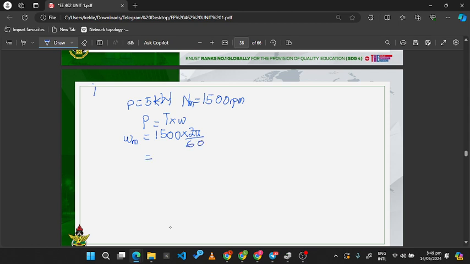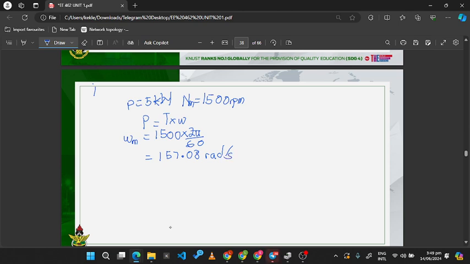and that gives us 157.08 radians per second.